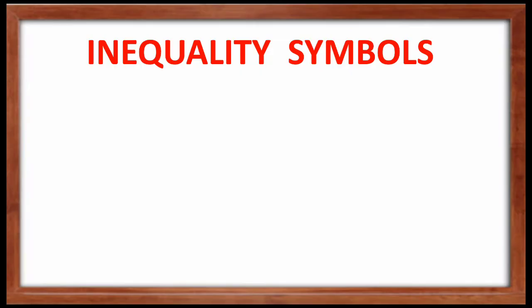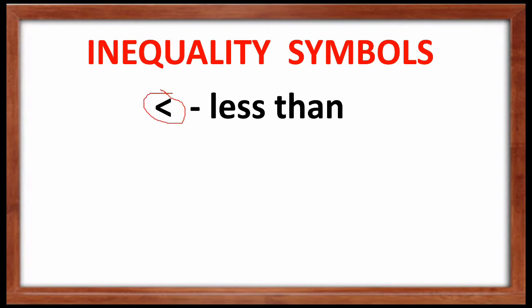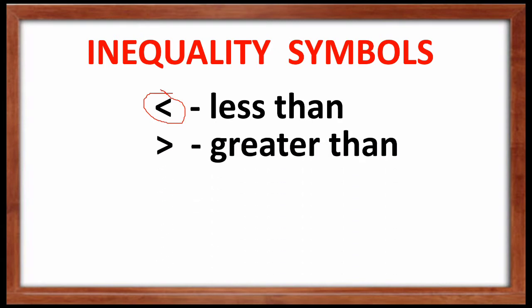Let's talk about the inequality symbols. Number 1, we have less than. As we can see, the nose point location of this inequality symbol is going to the left. The second one, we have greater than, wherein the nose point location of this symbol is going to the right.